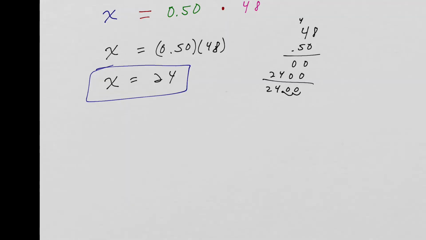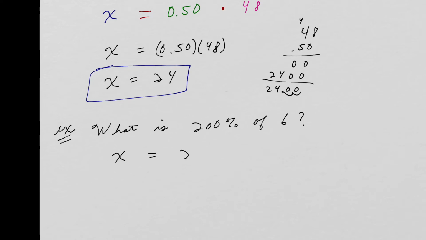Okay, here's another example. What is 200% of 6? So let's translate this. What is our variable? We'll call it x. Is equals. 200%, I can write that as a decimal or as a fraction, but in this case, I'll just write it as a decimal.